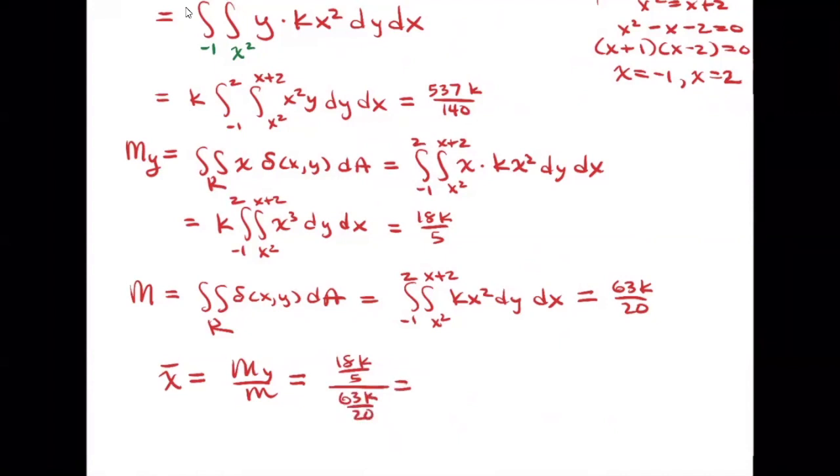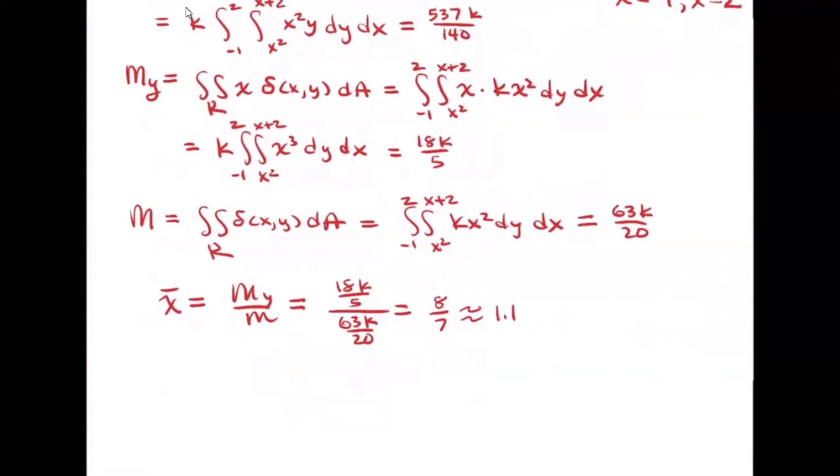These typically reduce pretty nicely. So this one boils down to 8 over 7. The k's cancel. So this is approximately 1.1, if you just want to know where it is.